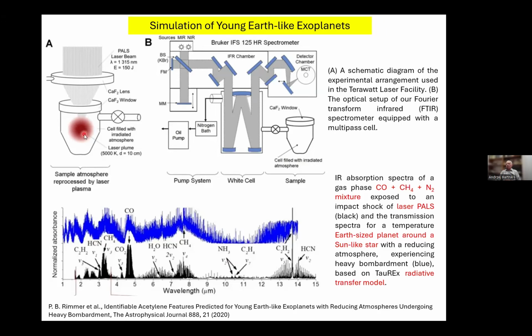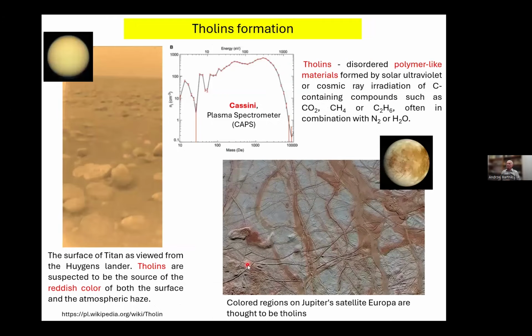The interaction was connected with plasma, laser-produced plasma. This plasma was exposed to the surrounding gas, and the low-temperature plasma this way was formed, and in this plasma were these processes leading to those molecules.